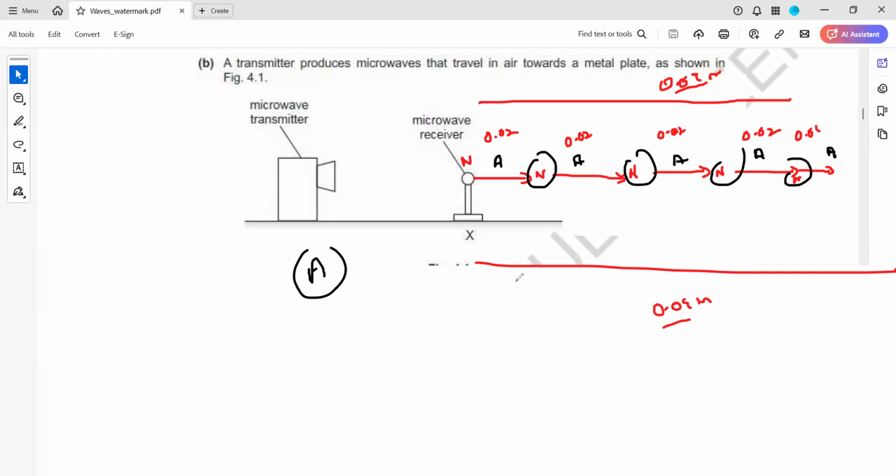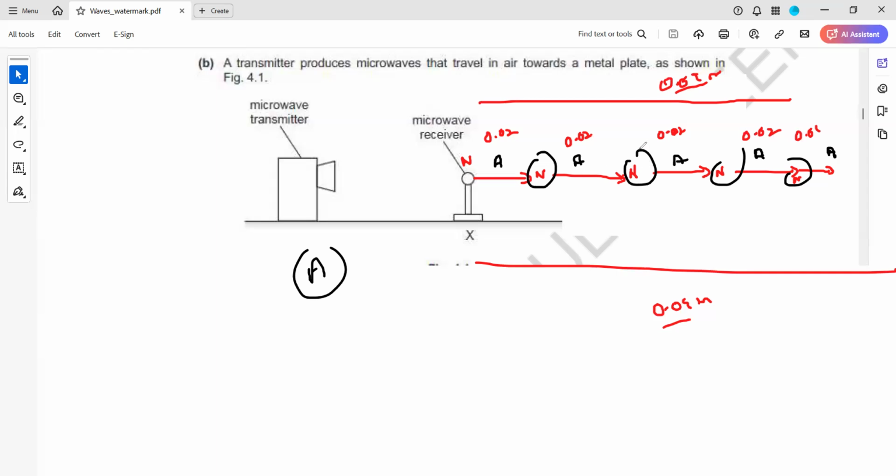Because between the two antinodes, we will have a node. What about the fifth node? No, there will be no fifth node because we did not move that distance. If you begin from the first one, including it, yes, 5 will be there.